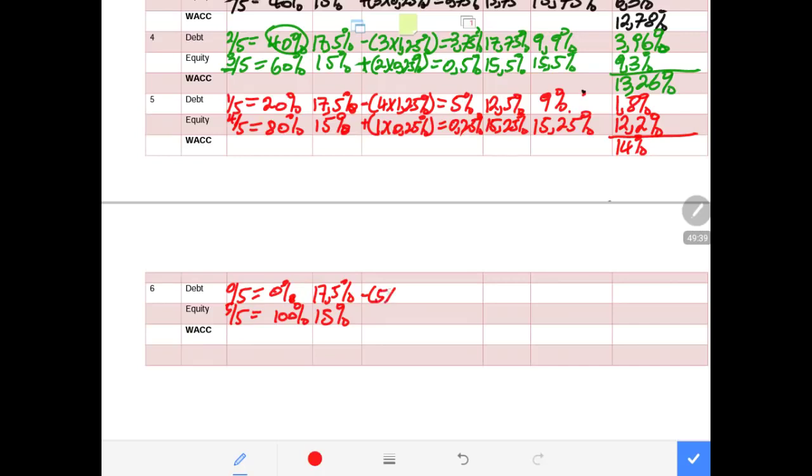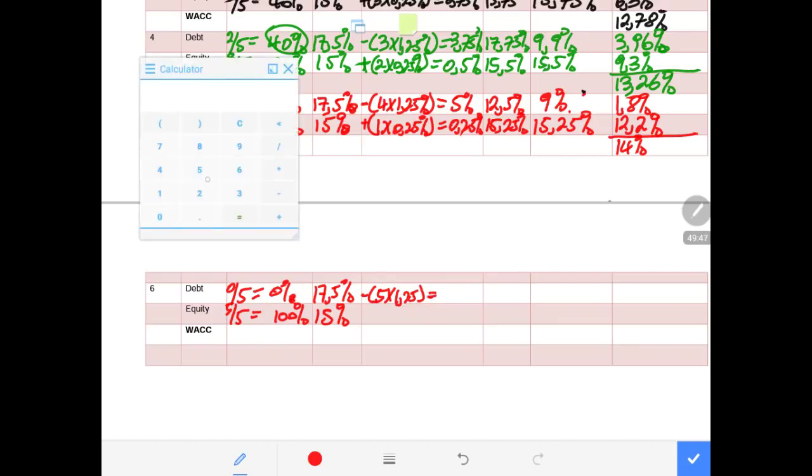So now it will be 5 times 1.25, and if we do that, this will give us 6.25, meaning we expect that the interest on the loan should decrease by 6.25. Then you say minus 17.5, this gives us 11.25.